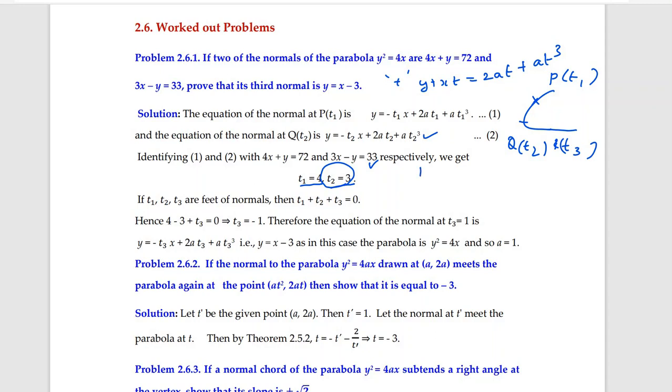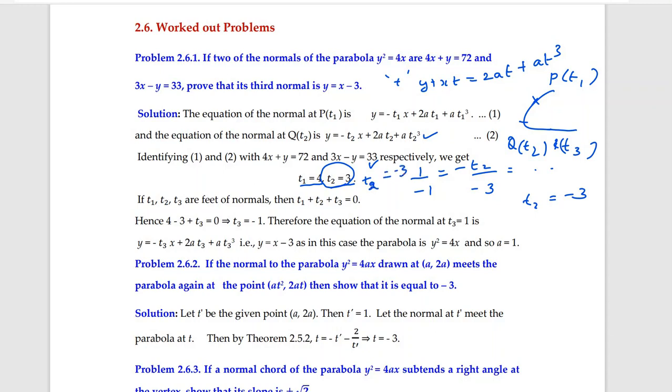Here it is 1 by minus 1, and we are taking this to the other side. So minus 2 t2 by minus 3 equal to one more. We are satisfied with this itself, so we have t2 to be equal to minus 3. So our t2 is not 3, it is t2 is equal to minus 3.